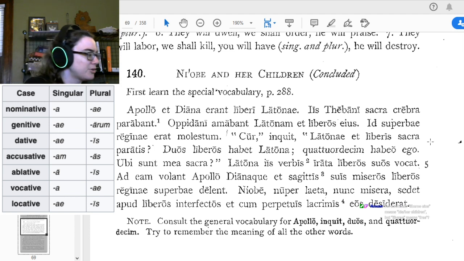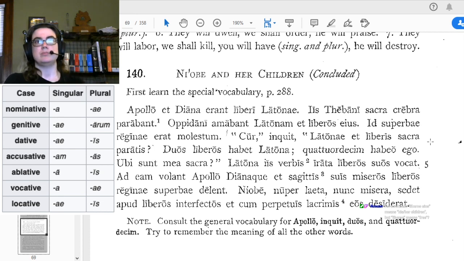I'm confused. Liberos eius means his, her children, but liberos means free. Yes. They're the same word. So filius is son, filia is daughter, and that's the more usual one. But you can refer to your children as liberi because they are free citizens.